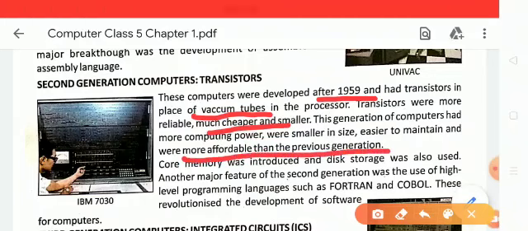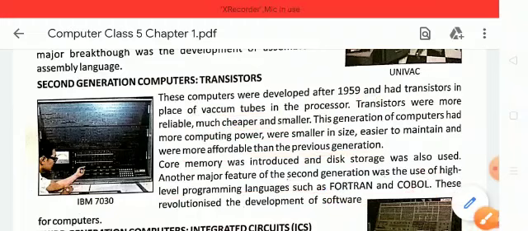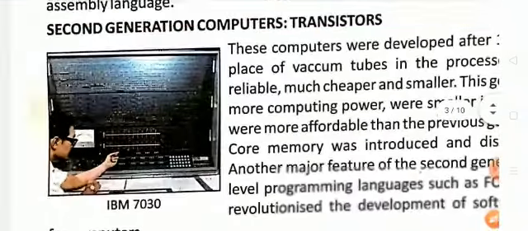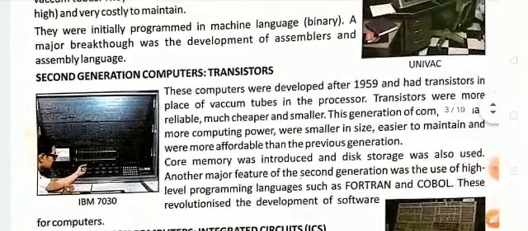I hope you understand. Another major feature of the second generation was the use of high level programming languages such as Fortran and COBOL. Okay, look at this picture. Second generation computer IBM 7030. This is the second generation computer.